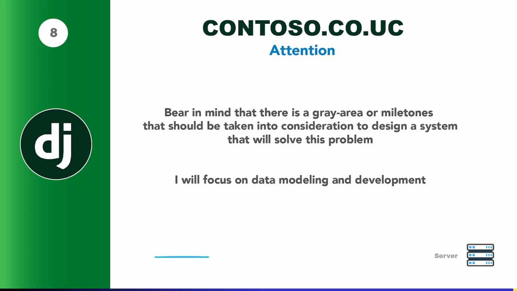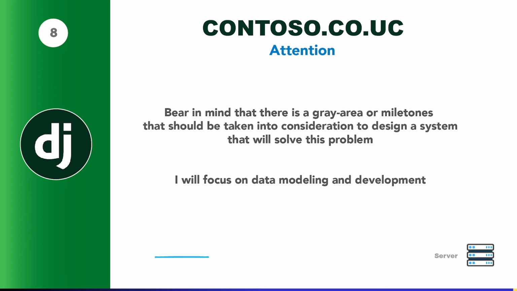We have the network folks setting up network within or between different departments, restricting access, creating subnets using routers. We have the database design, we have the development, all these. But for the sake of this demonstration, I'll be focusing on data modeling and development. I'm not going to talk about networking. I'm not going to talk about data collection. There is also a way to do that if the business can only change a rule, right?